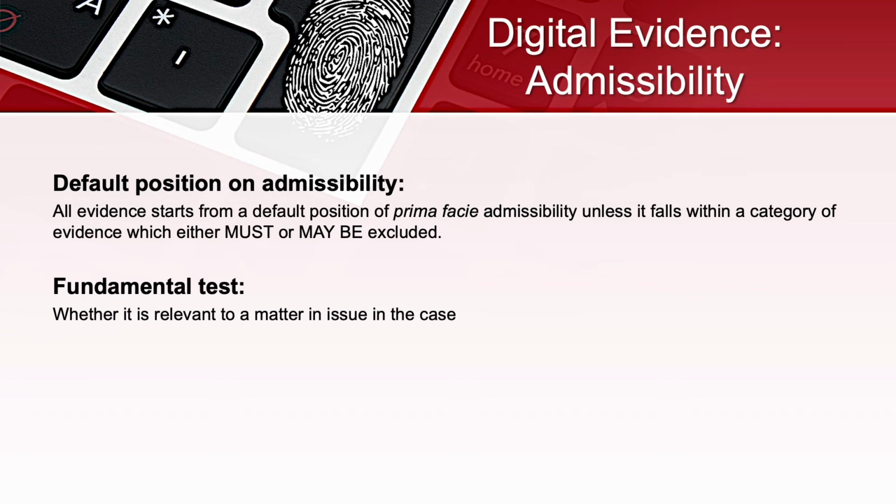You may recall from your evidence lectures that the categories that must be excluded can include evidence that was obtained in breach of a procedure that's described by statute, confession evidence that was obtained by oppression or in consequence of something that was said or done, like a promise, that would render it unreliable, evidence that was subject to protection by legal privilege, such as correspondence between you and your solicitor, evidence obtained through torture or inhumane or degrading treatment, and evidence excluded at the court's discretion, either at common law or under Section 78 of the PACE Act.